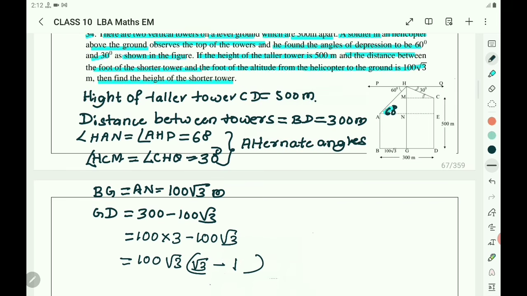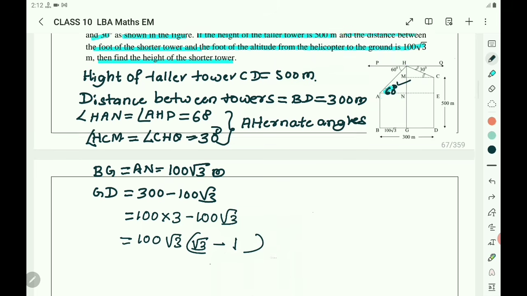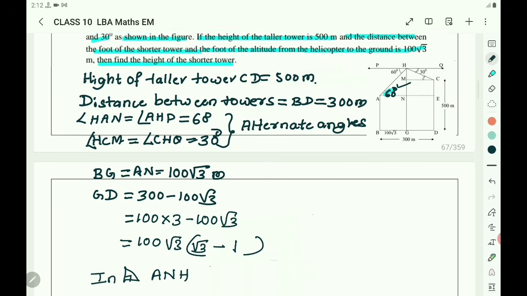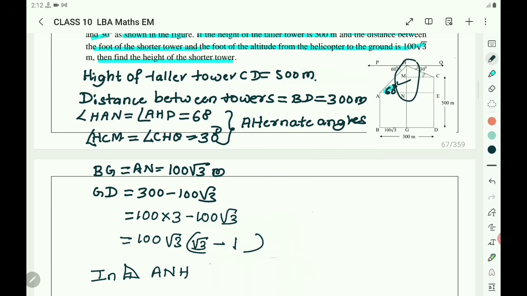Then you take the right angle triangle ANH. In the right angle triangle ANH, HN is to be found out.